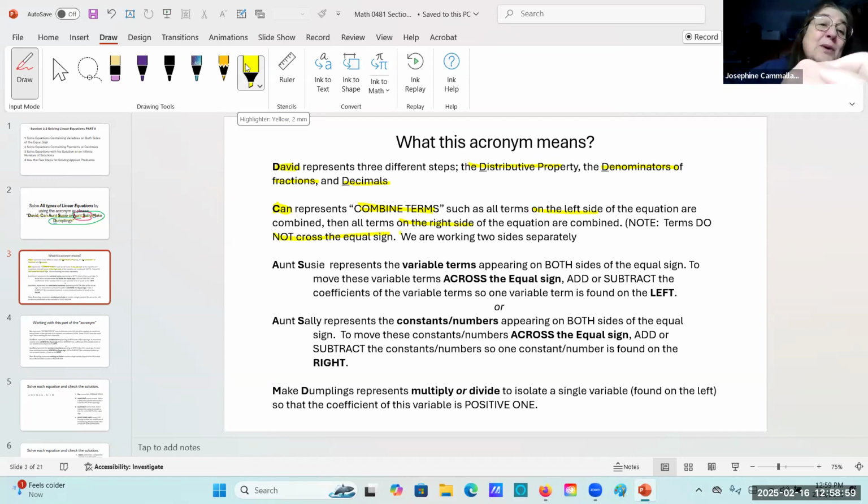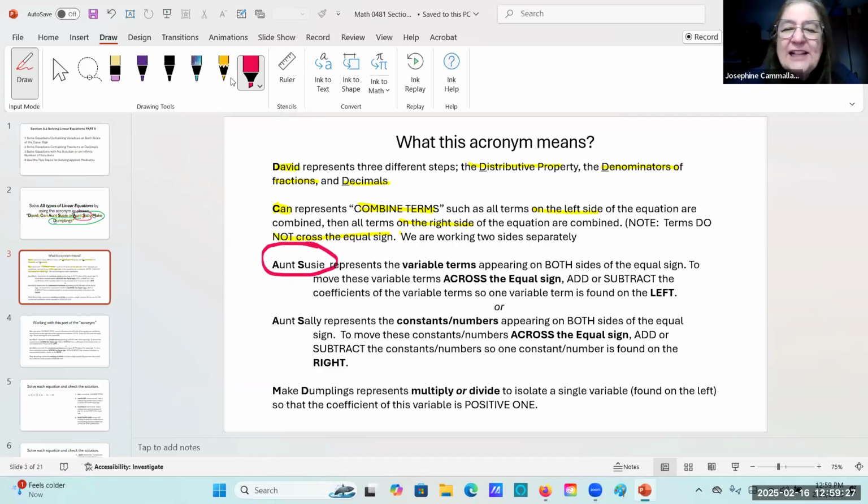Now, here's where the fun part comes in. You remember in 3.1 that we had a lot of terms on one side of the equation, and we combined all of the variables. But all of the variables you were given were on one side of the equation. Well, that's not going to happen anymore.